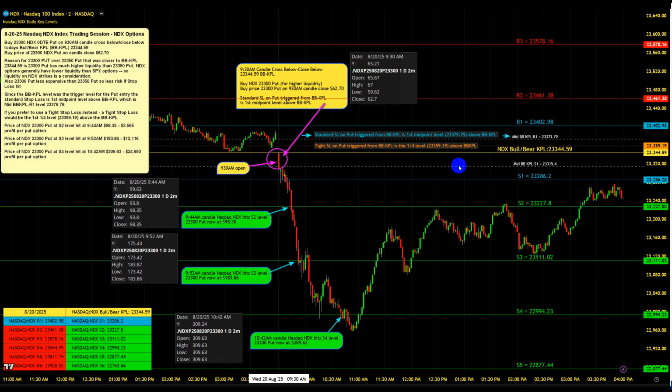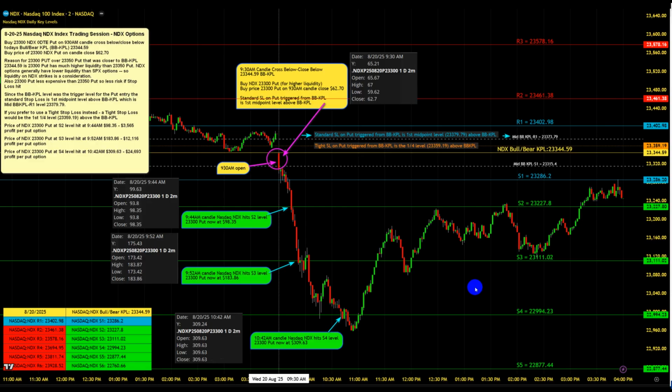Okay, so the way this indicator works is that at the 9:30 open each day on your TradingView chart, it will display the NDX bull bear key price level as well as resistance levels above and support levels below.